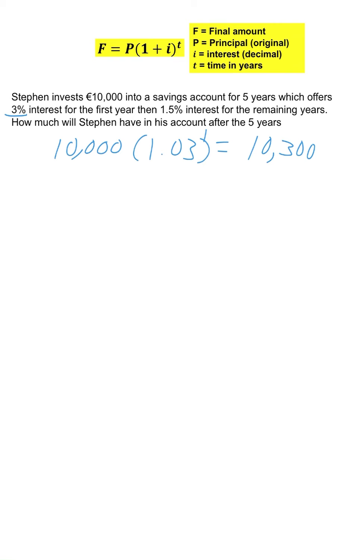Now he gets 1.5% interest for the remaining years, so 1.5% will be equal to 0.015, and so the savings account was for 5 years. It was 3% for the first year, then 1.5% for the remaining years, so then this will be to the power of 4.